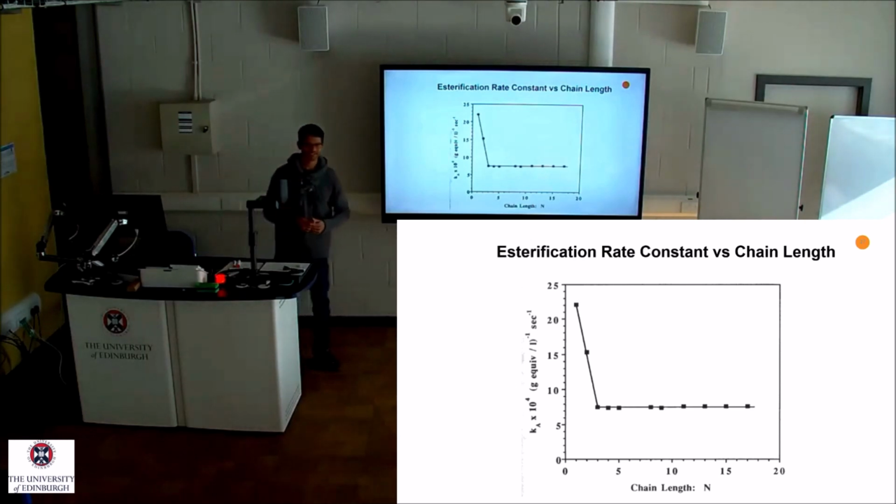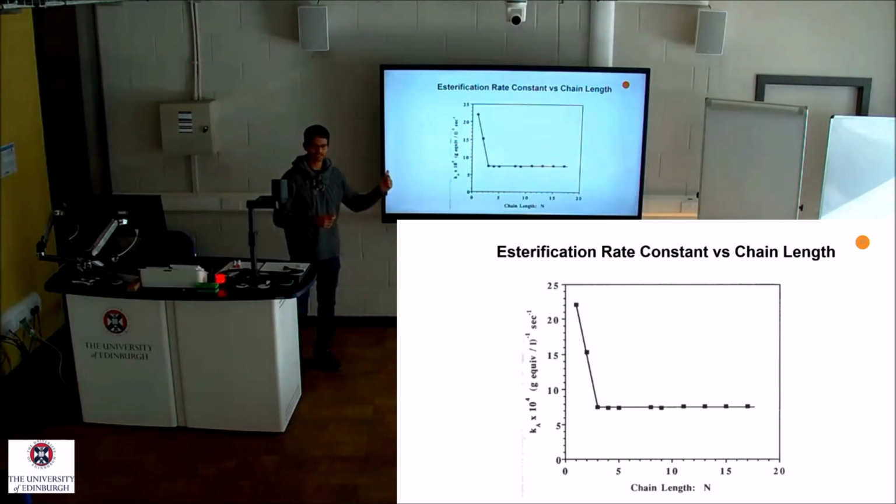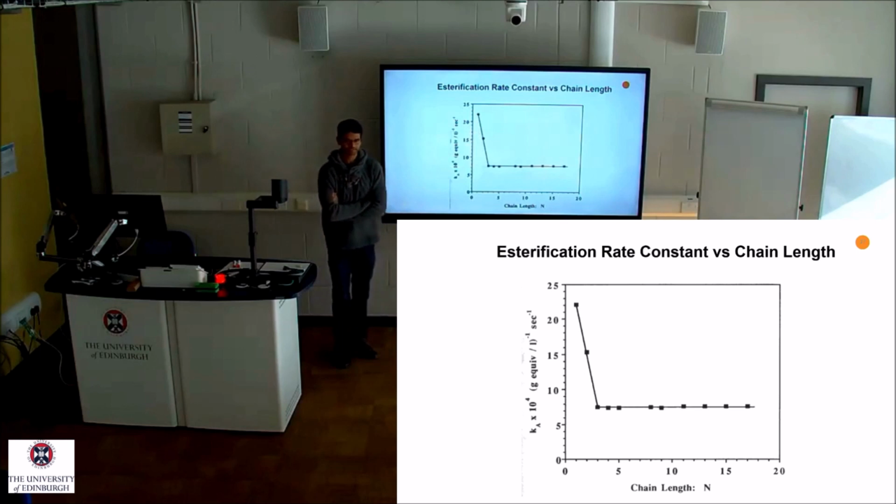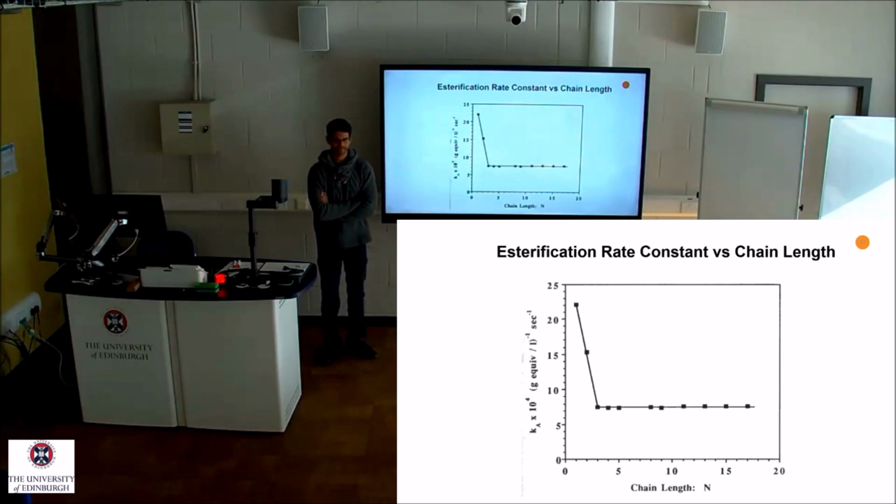Can you please explain a little bit why the rate constant is decreasing with chain length? From what I understood, the longer the chain, the more valid the assumption is of having a constant rate constant across chain length.